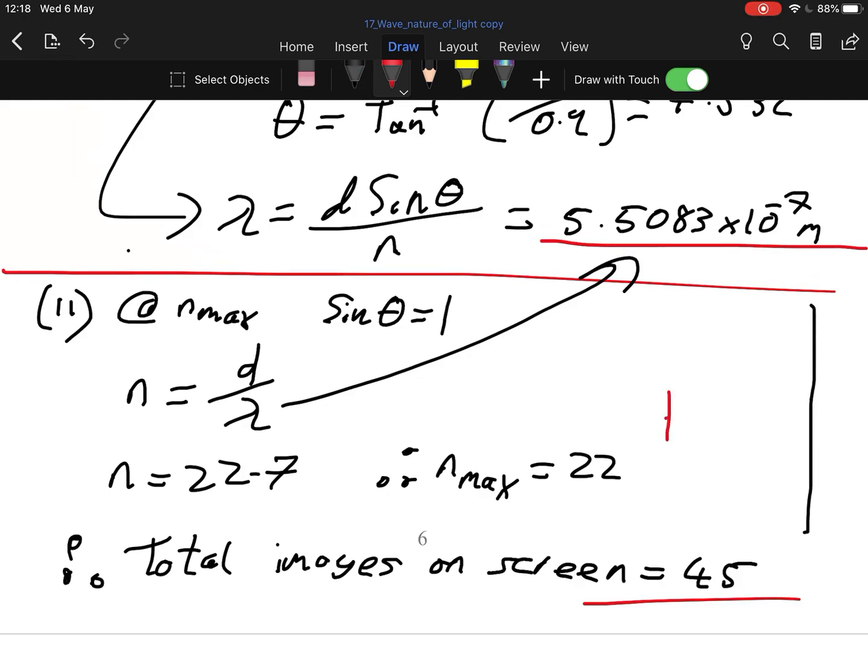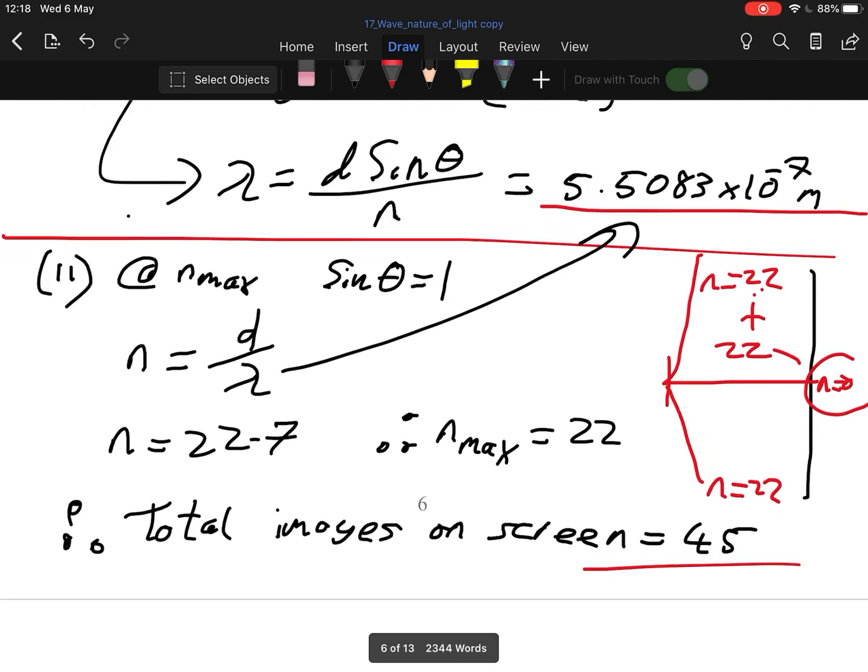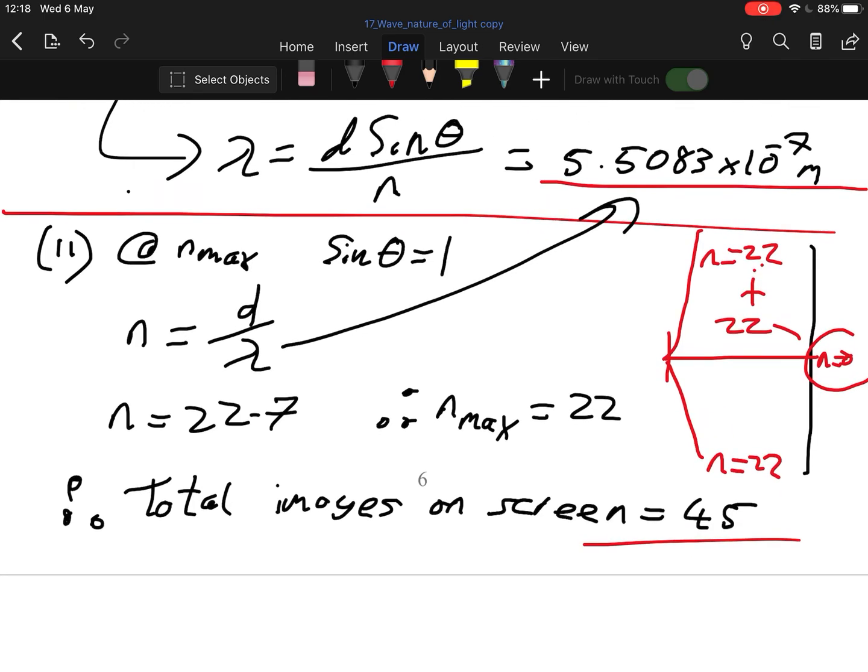Why? Your screen is here, your diffraction grating is here. Don't forget, n equals 0. So that means there is a maximum n equals 22 on this side, n equals 22 on this side. 22 plus 22 is 44, plus n equals 0 gives us 45 images.